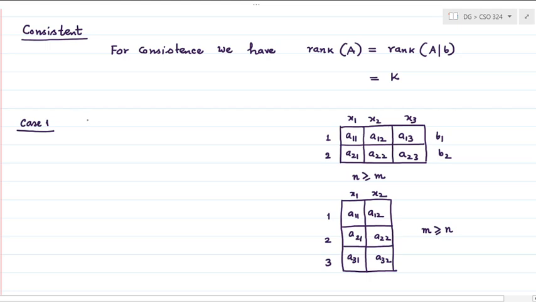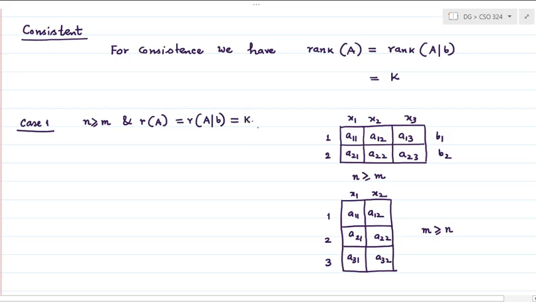That means n is greater than or equal to m, and it is given that the system is consistent, and therefore n greater than or equal to m, and rank of the matrix A is equal to rank of the augmented matrix, and this is equal to k.